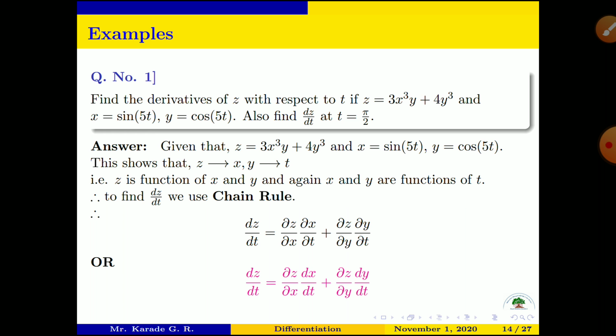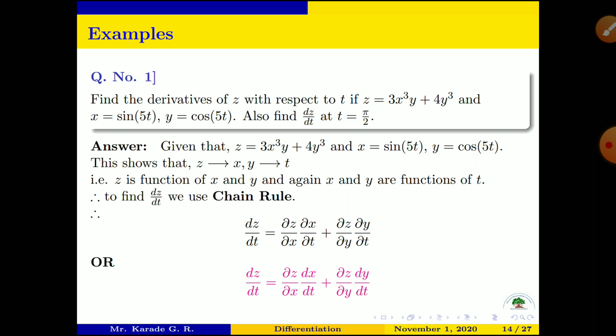Here the only change is that instead of writing ∂x/∂t we write dx/dt, and instead of ∂y/∂t we write dy/dt, because x and y are functions of a single variable t, not of several variables. Therefore while denoting the derivative we use the total derivative dx/dt, not a partial derivative.